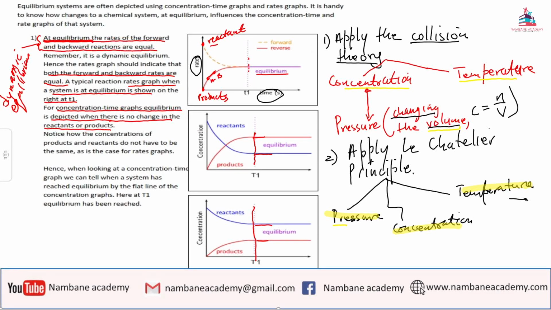So this is before the actual disturbance. We need to understand that. So once the graph starts at 0, just remember it represents the products. Once it starts at a certain value above 0, it basically means it's the reactants, because I actually know how much of the reactants I do have.